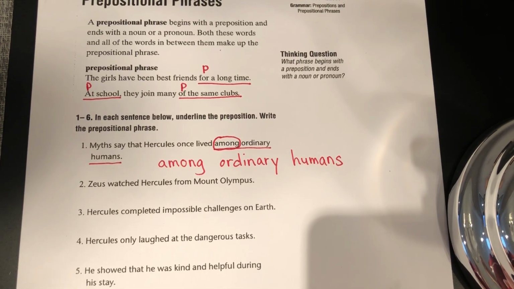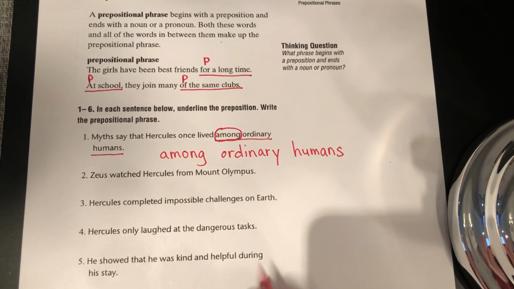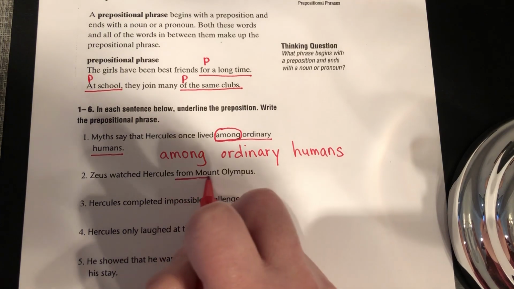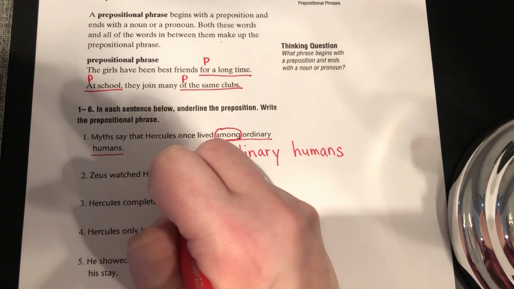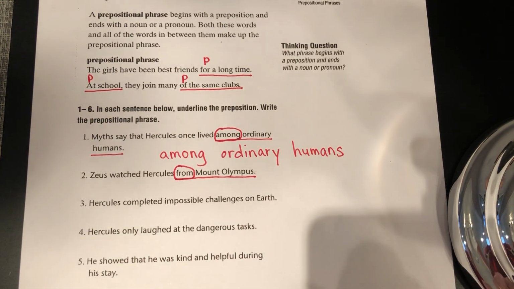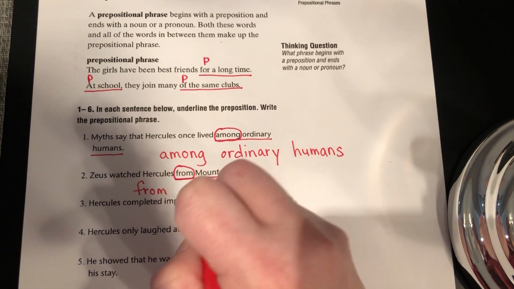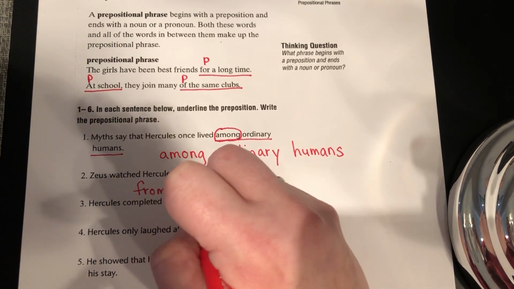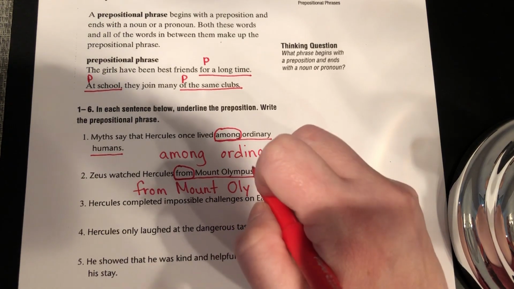Number 2, Zeus watched Hercules from Mount Olympus. From Mount Olympus would be the prepositional phrase. From would be the preposition. And then from Mount Olympus would be the prepositional phrase. Again, telling where this happened.